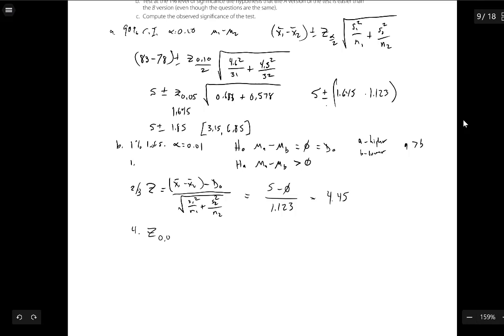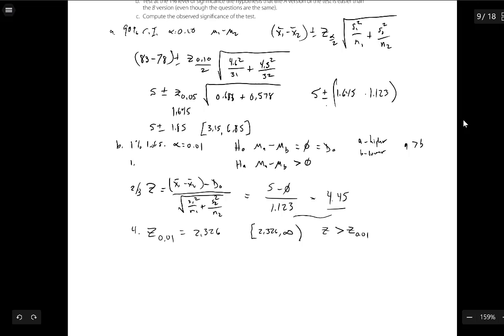And when we look that one up on our table, that is 2.326. So our critical region is going to be 2.326 to infinity. And we see that our calculated z is greater than our z at 0.01, or it's in that critical region.